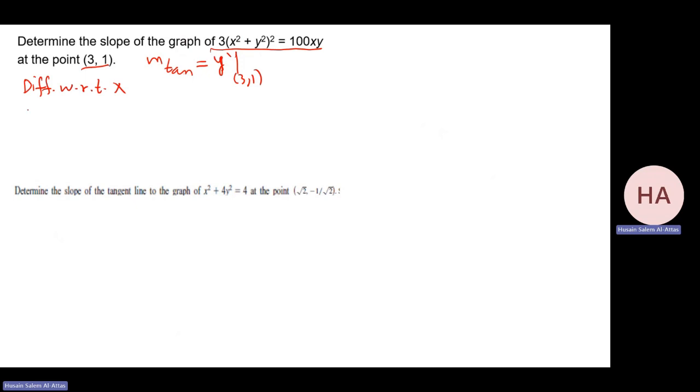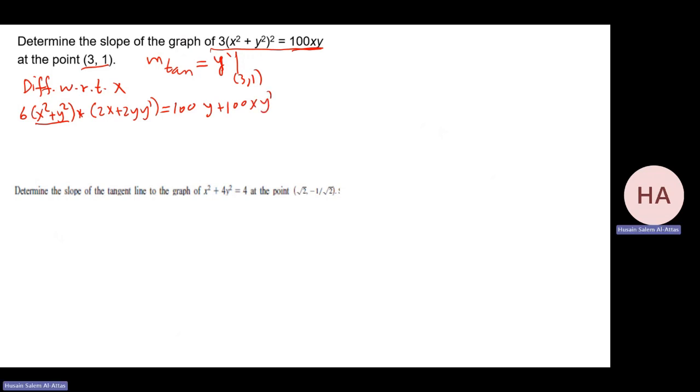You get what? 6x squared plus y squared times derivative of this, something squared, so derivative of this, 2x plus 2y y prime equal product 100. x is 1 times y plus 100x y prime.